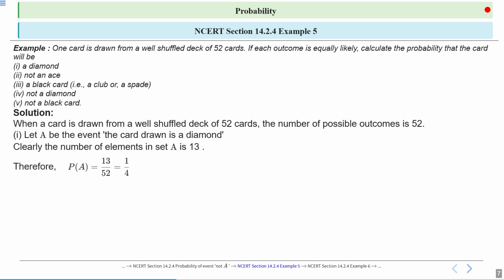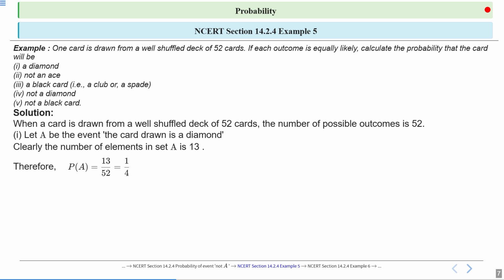And now, what is the probability of the event A? We have studied in the previous lecture: probability of A is nothing but the number of outcomes favorable to the event divided by the number of total outcomes. So probability of A is equal to the number of elements in set A divided by the number of total possible outcomes. Here the number of elements in set A is 13, and the number of possible outcomes is 52.